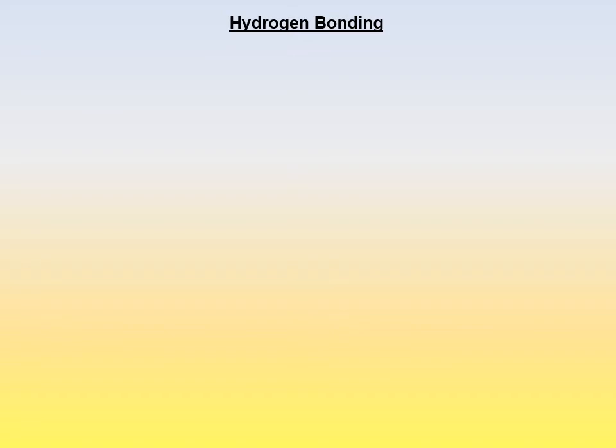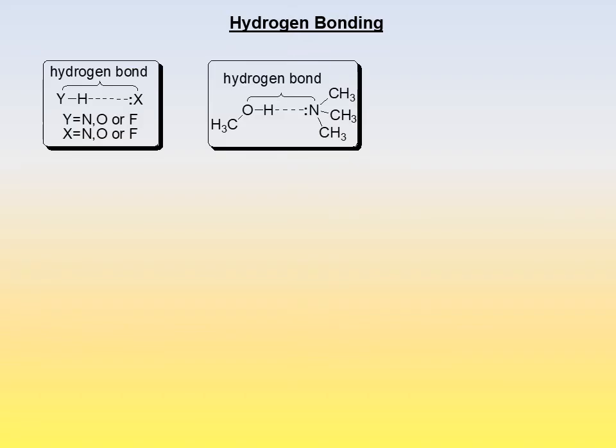And those highly electronegative atoms are nitrogen, oxygen, or fluorine. Those atoms must have, of course, a free electron pair. And then that free electron pair interacts with hydrogen attached to another one of those three atoms. So hydrogen is attached to nitrogen, oxygen, or fluorine.